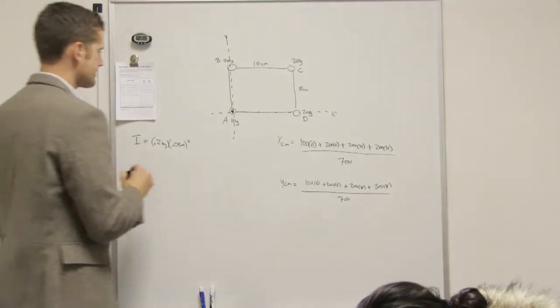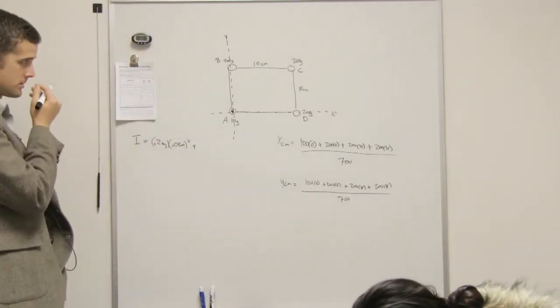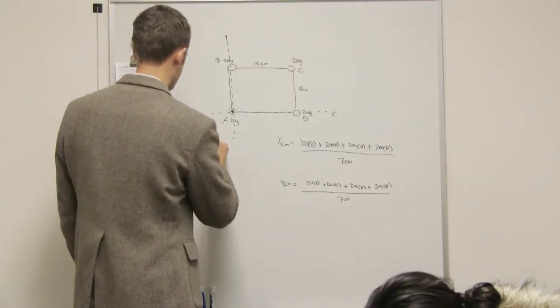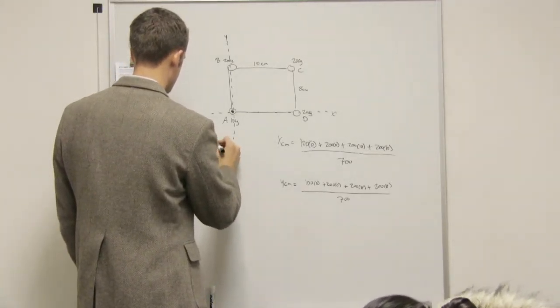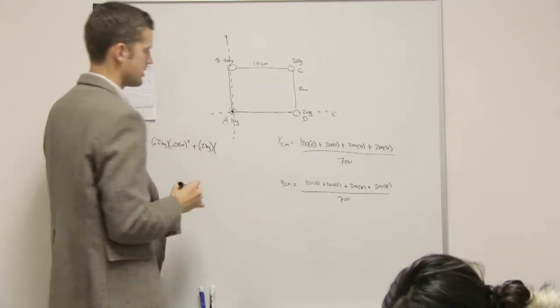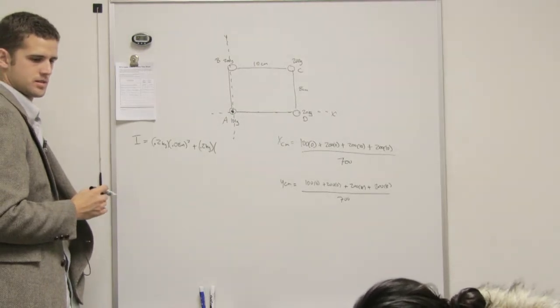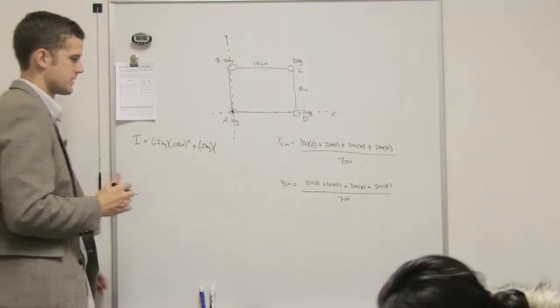And then plus, for C, we have 0.2 kilograms times, we'll have to take the magnitude, so the square root of 10 squared plus 8 squared.